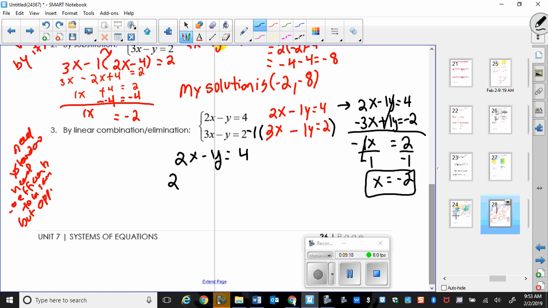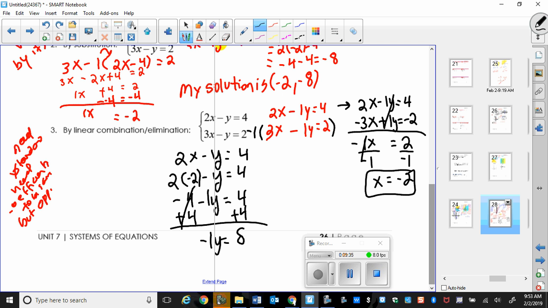I know that x is negative 2. This is negative 4 minus y equals 4. I'm going to put a 1 in front of there. Add 4 to both sides. And I get negative 1y equals 8. Divide both sides by negative 1. And y equals negative 8. So my solution, my intersection, is negative 2 and negative 8.